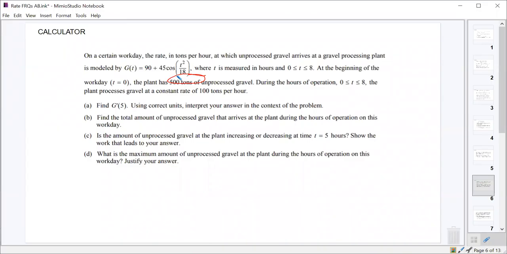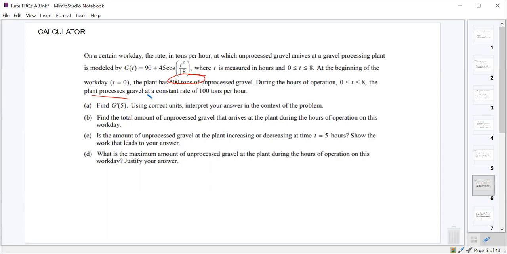Usually it's required to use it somewhere. They also tell us the plant processes gravel at 100 tons per hour. So we have two different rates: the rate at which the unprocessed gravel arrives, the rate at which it is processed and leaves, and then the amount of unprocessed gravel that starts.